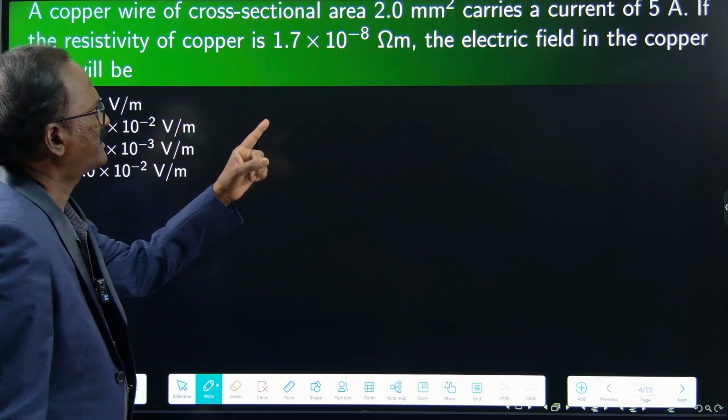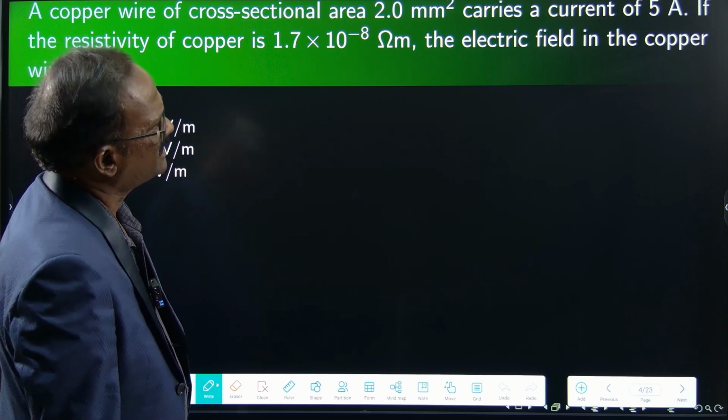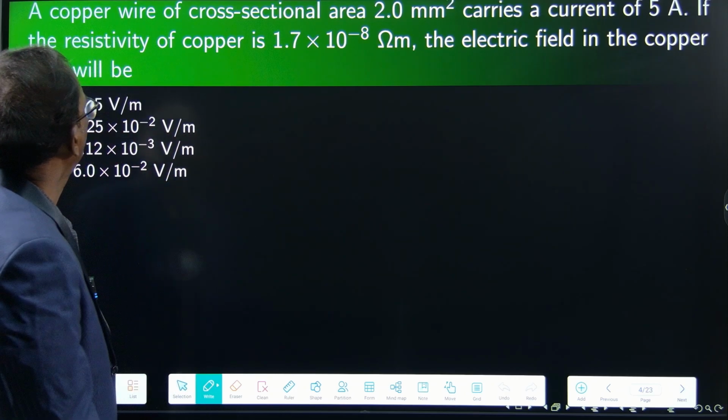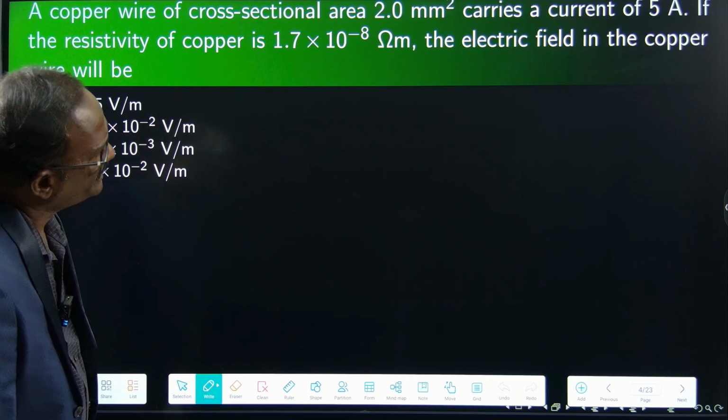A copper wire of cross-sectional area 2 millimeter square carries a current of 5 amperes. The resistivity of copper is 1.7 into 10 to the power of minus 8 ohm meter.